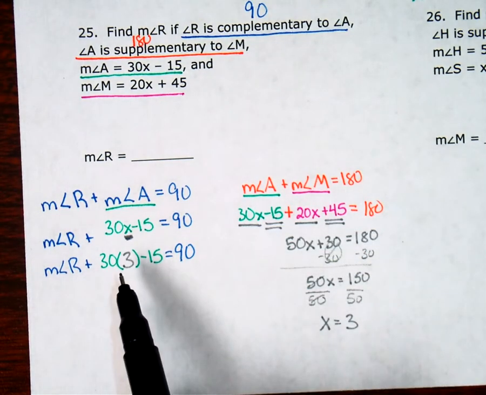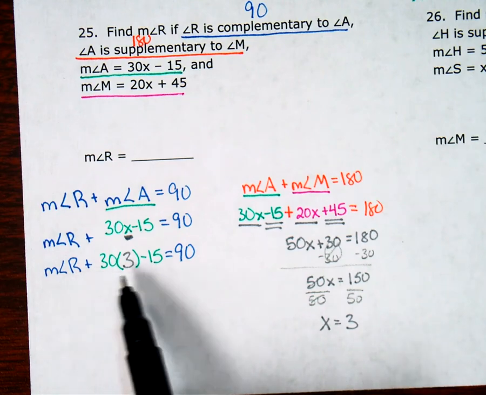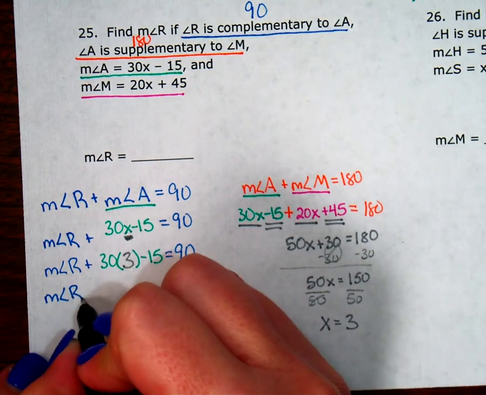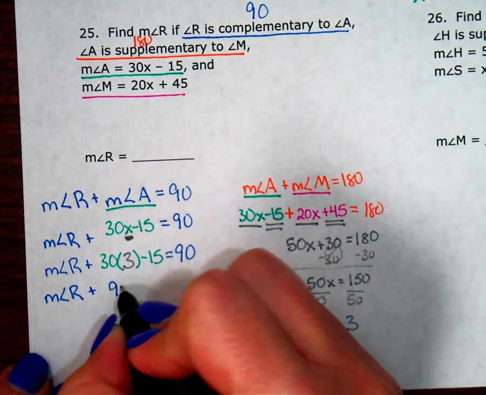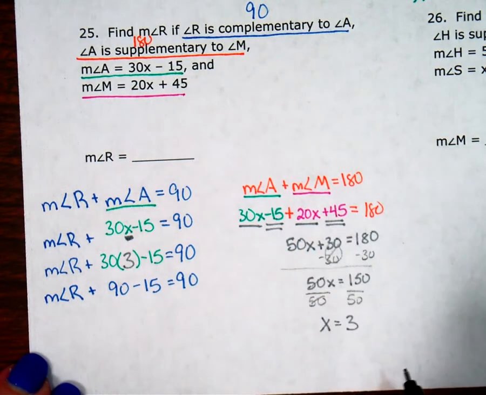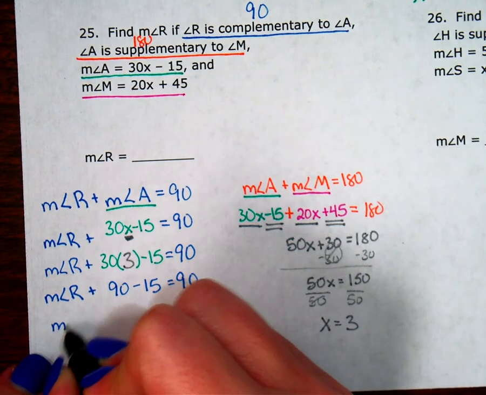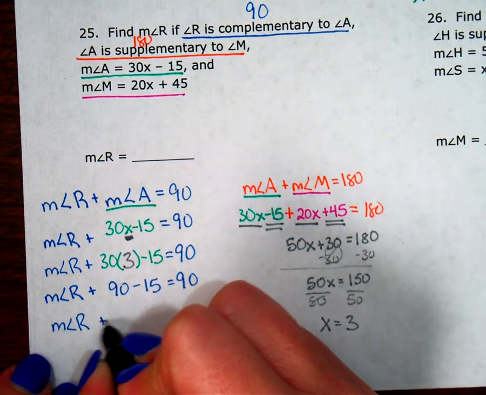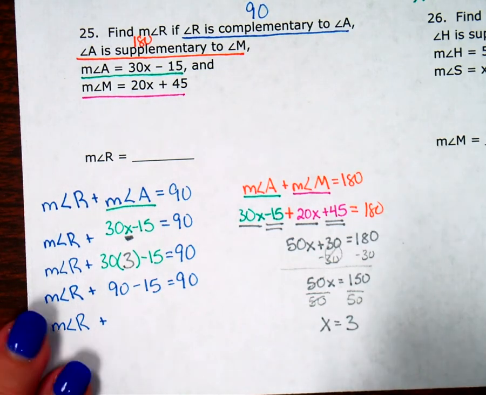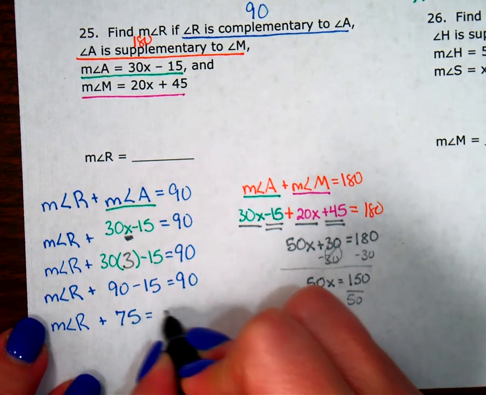So now in solving this one, I only have the measure of angle R as an unknown. I know what the x is now. So the measure of angle R plus 30 times 3 is 90, minus 15 equals 90. So the measure of angle R plus 90 minus 15 is 75 equals 90.